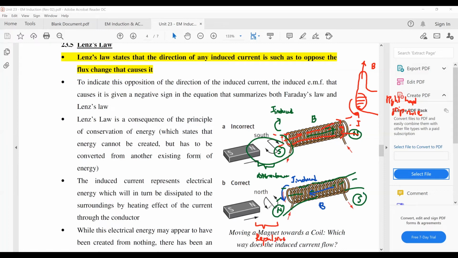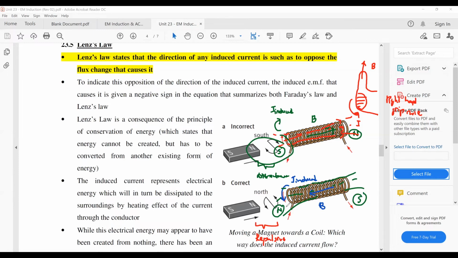So if these two ends are repulsive, that will mean that if you want to push your magnet in even further to get even more flux linkage, to get even more flux cutting, you actually have to overcome this repulsive force. You actually have to do work to push it in. So here, the work that you do is being converted into the electrical energy that will be generated in your coil later on.